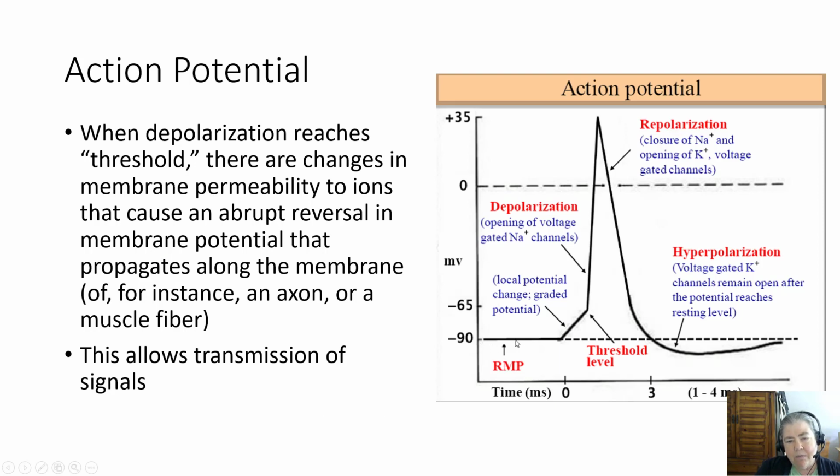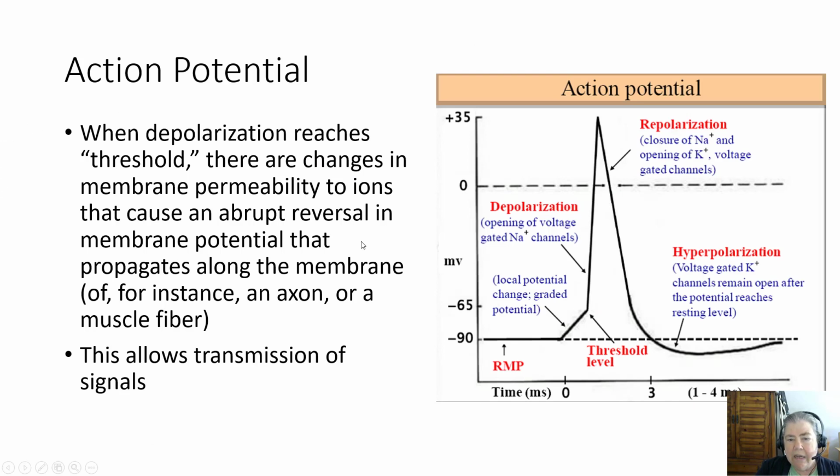So here you're at resting membrane potential, and maybe you're getting some little signals from a neurotransmitter. But once they reach threshold, enough channels have opened from the ligand gated channels. Suddenly, the voltage gated channels open, and you get depolarization.